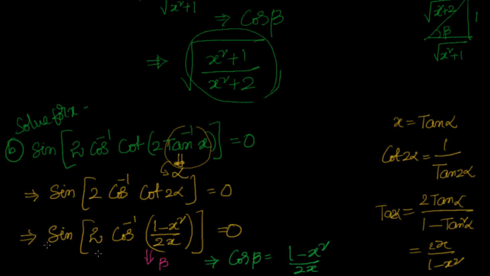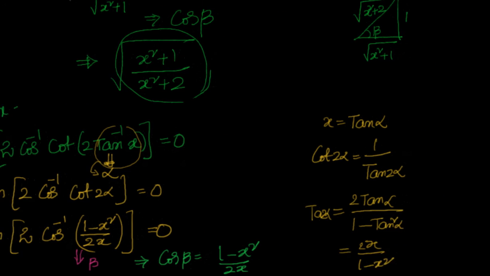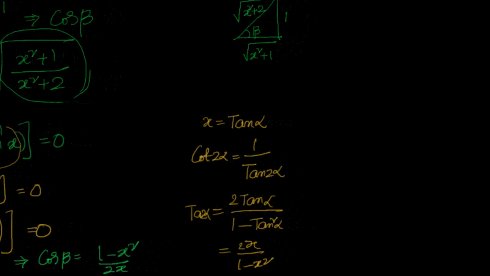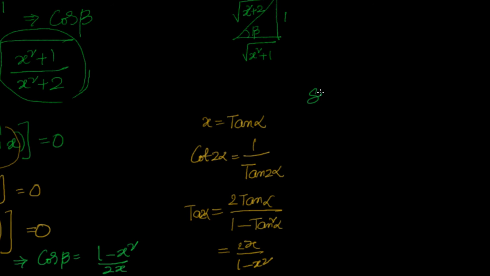So now what I have to prove at the end? I have to solve for sine 2 beta equal to 0. I know cos beta equal to 1 minus x square by 2x.